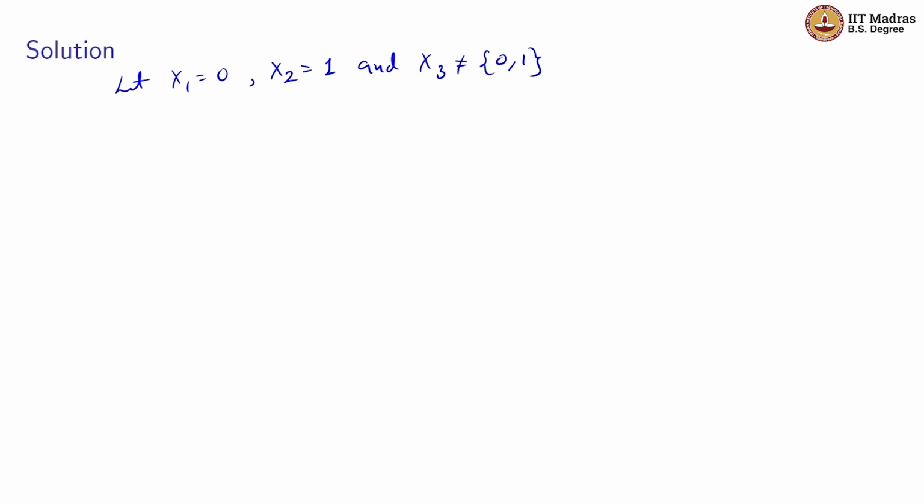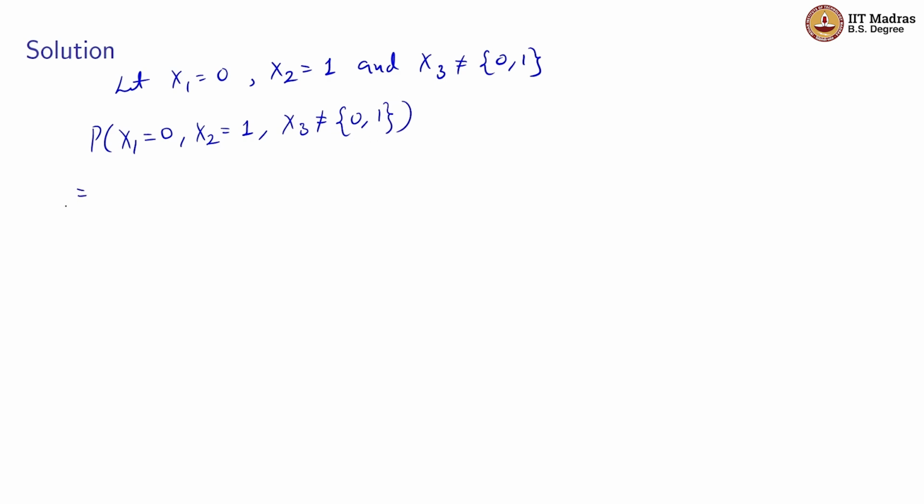So first of all, let us find the joint probability that x1 is equal to 0, x2 is equal to 1, x3 is not equal to 0 and 1.